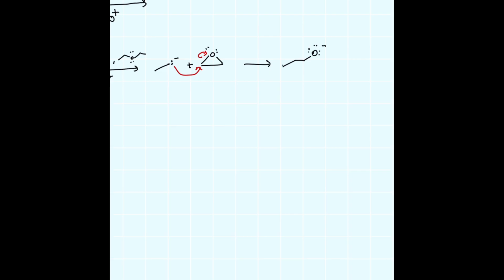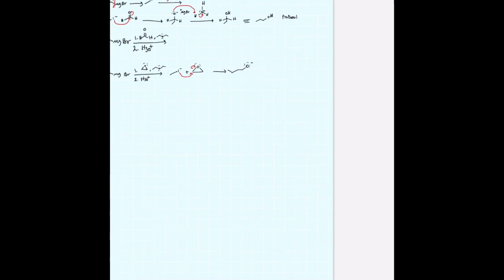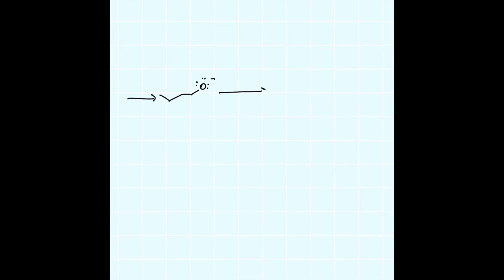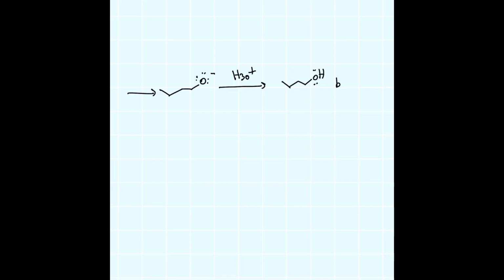So we have another one. 1, 2, 3, 4. There we go. And I know we are reacting it with acid. So that means a proton is going to get added to that. Going to get 1, 2, 3, 4 OH. So this time we have butanol.